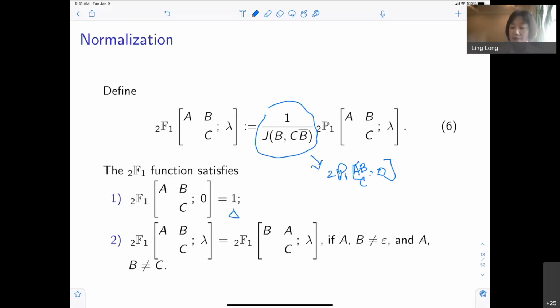More or less, this is the motivation for the normalization. It turns out to be a Jacobi sum. And after this normalization, in the case when A and B are non-trivial characters and A, B, C are not the same, that means the set is primitive, then we can swap the roles of A and B, and they will be the same. If I interchange A and B, it will be basically the same value, which is pretty convenient and parallel to the classical case.